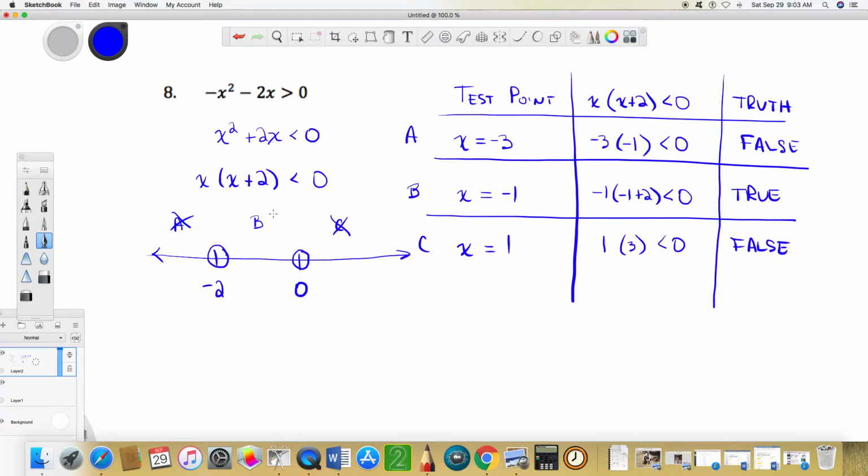So I'm not going to include any of those points in my solution set. The only one that I'm including in my solution set is this region B. So all of these points in that region get shaded. They're all in my solution set. I'm now going to describe that solution set using inequalities. We'll soon see in the next skill packet that we'll describe all of our intervals in the future using what they call interval notation.